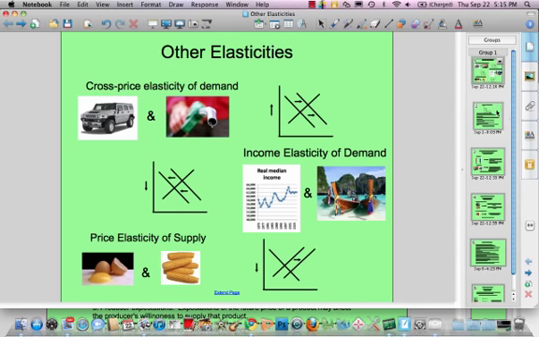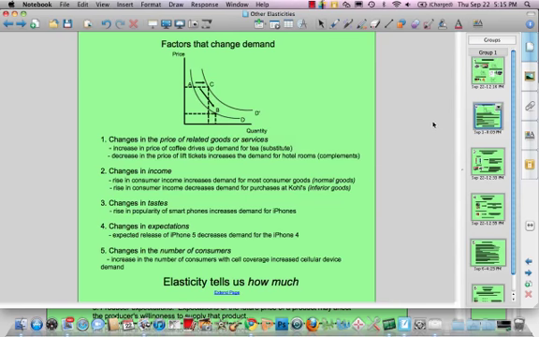In the case of tonight and discussion of elasticity, we're going to start with a very short review of factors that change demand. So movement not along the demand curve, but actually a shift in the curve. Remember, there were 5 things that changed the demand curve. Price of related goods or services, changes in income, changes in tastes, changes in expectations, and changes in the number of consumers.